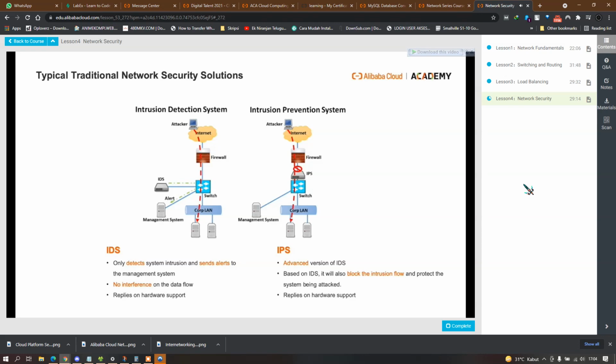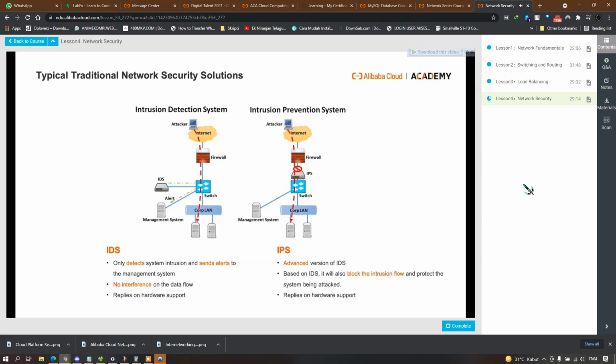It will not take any protection action. So here we can say there is no interfering with the data flow. It will let the data flow go inside, but it will just send the alert or alarm to tell the management system that maybe an attack is happening now.